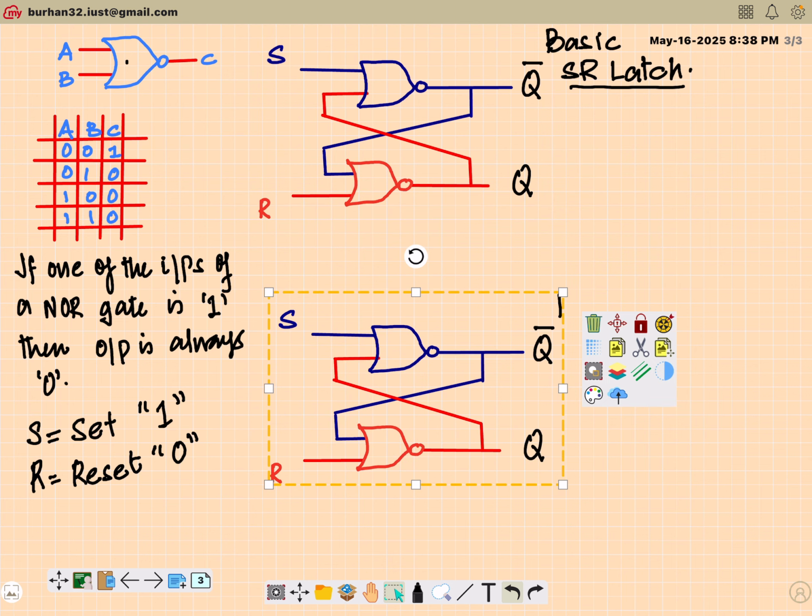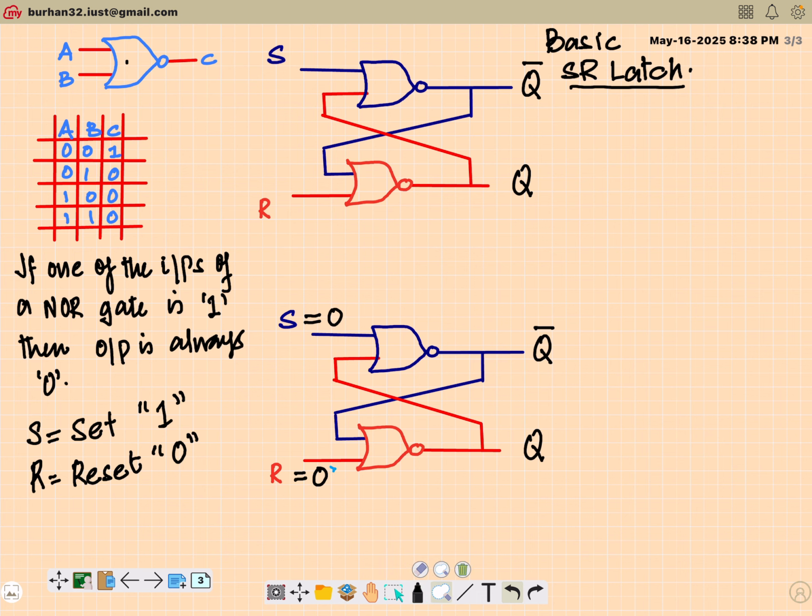Actually, because this is a NOR gate based implementation, let's start with the condition wherein S is equal to 0 and R is equal to 1. This will be a more appropriate condition given that the NOR gate gives an output 0 for an input of 1. So S is equal to 0, R is equal to 1.